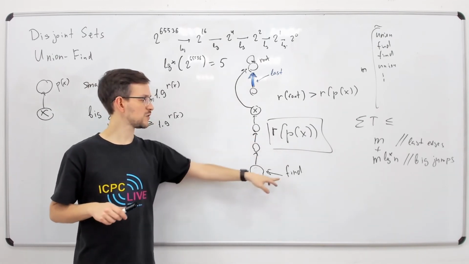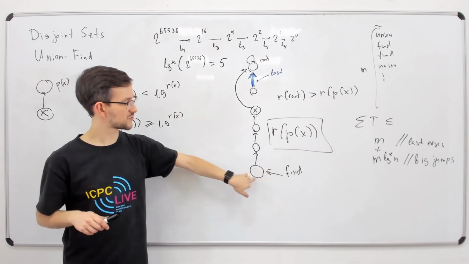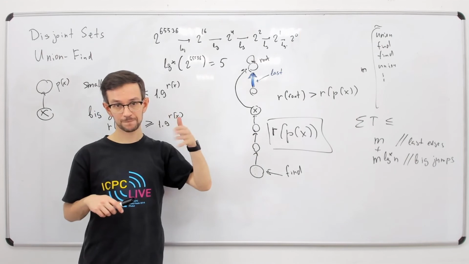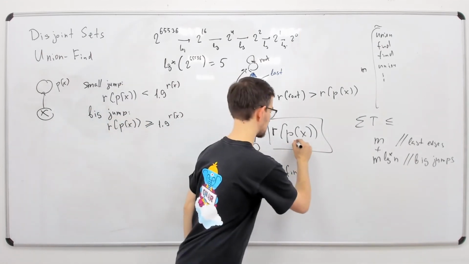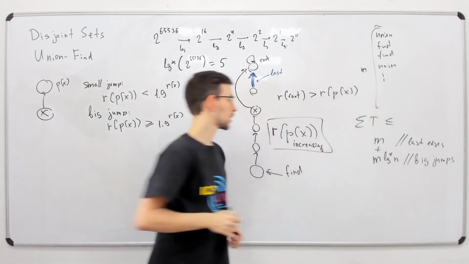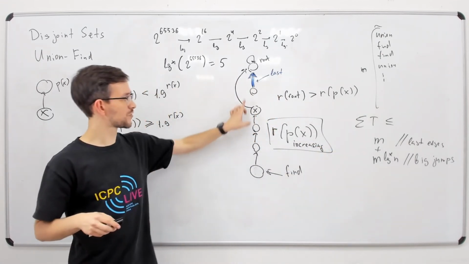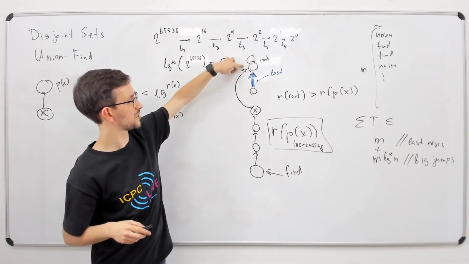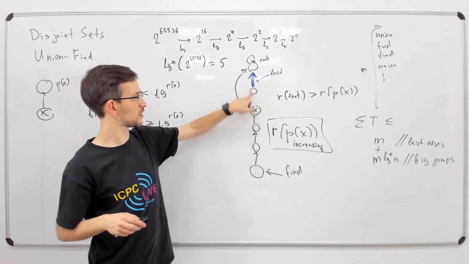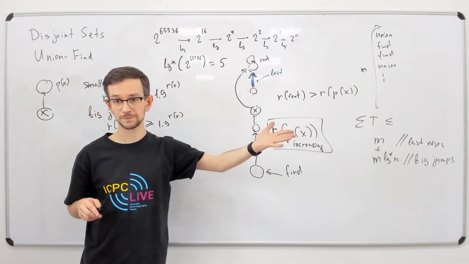So each time x is on your path from this find operation, this value will be increasing. It's increasing because we move this pointer from here to here, and this element has bigger rank than this element. So this parent was here, and now it's here. So this element has bigger rank, so this value is increasing.